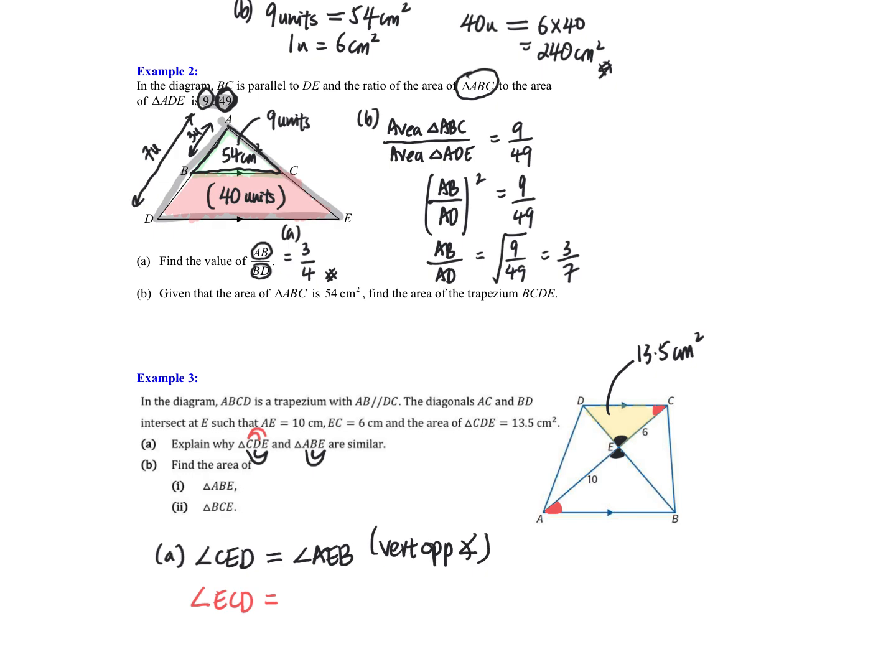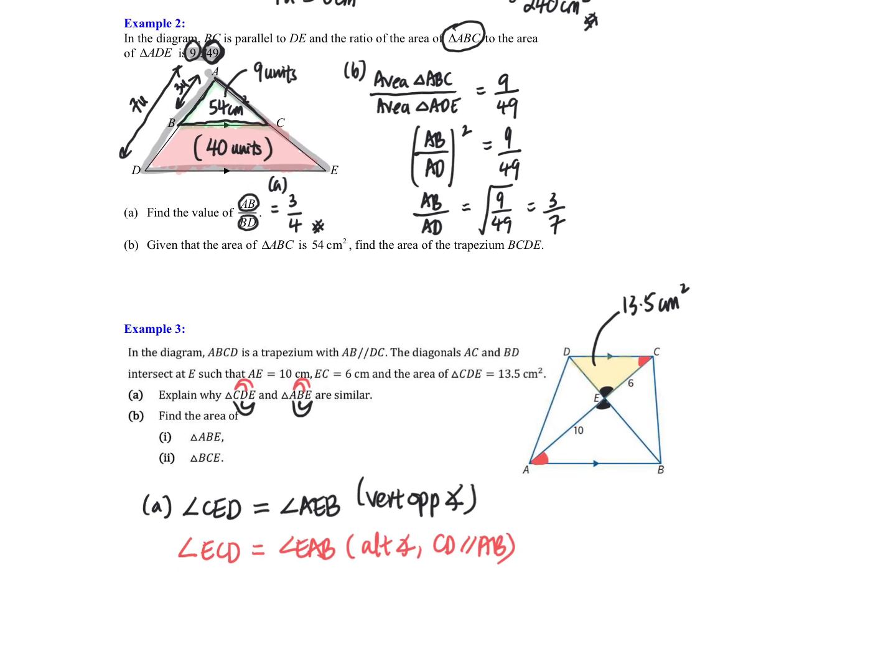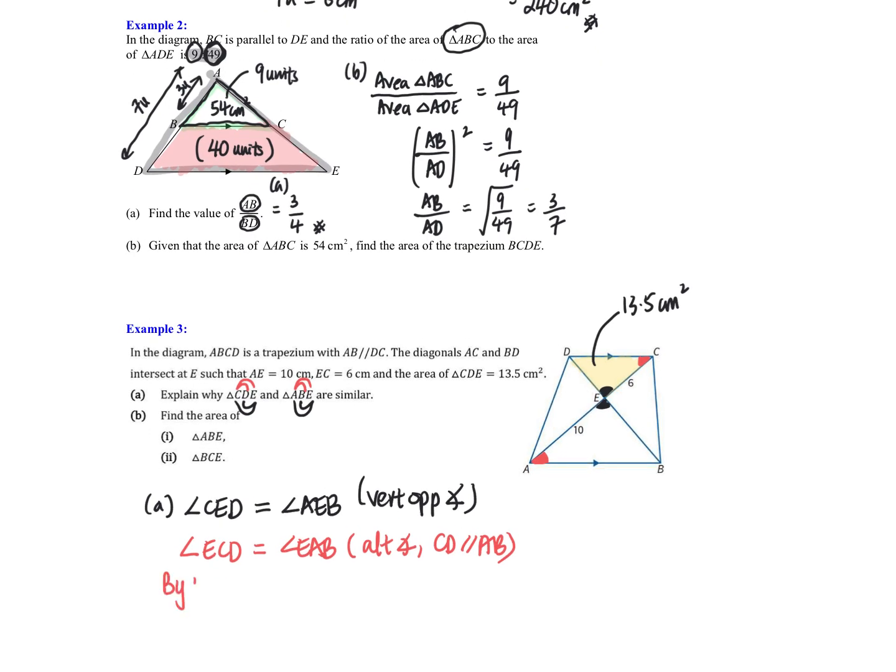The next one will be EAB. Then you write alternate angles, CD parallel to AB. Just show 2 angles will do. Then you tell me by AA test, triangle CDE is similar to triangle ABE.